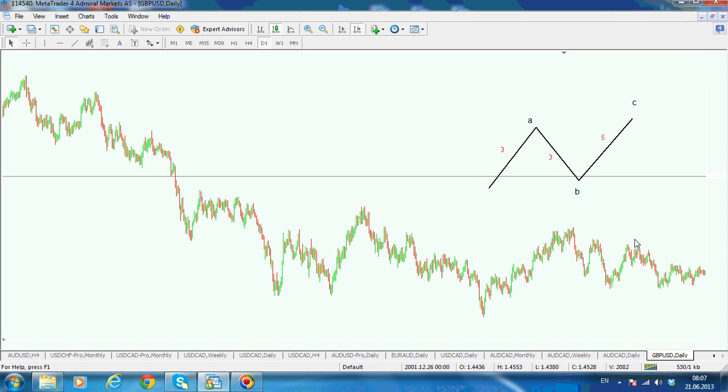Now, in wave A of a flat, you can see any corrective pattern except a triangle. What does it mean? It means that this wave A here that has a three-wave structure can be any corrective pattern. Any corrective pattern meaning it can be a zigzag, it can be a flat of its own of a lower degree, it can be a double combination or a triple combination.